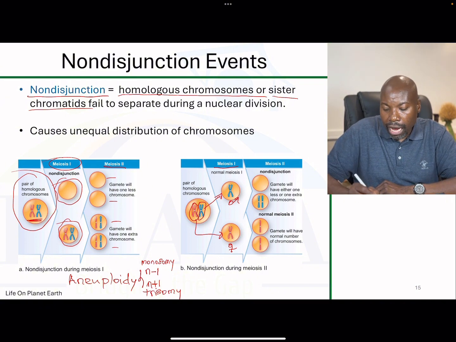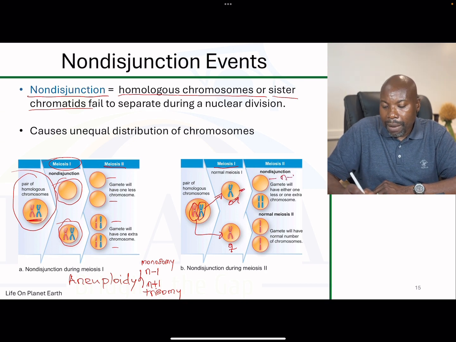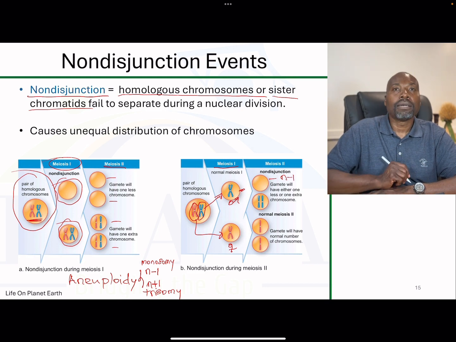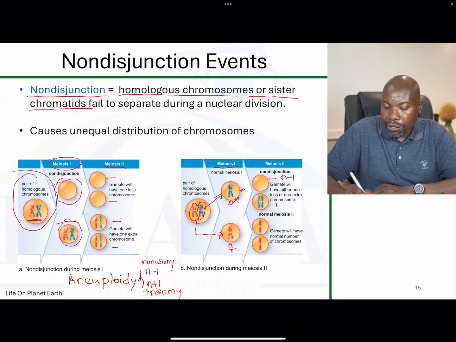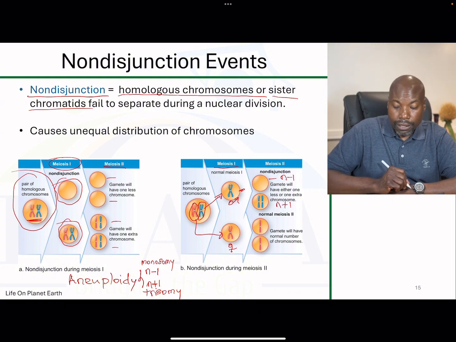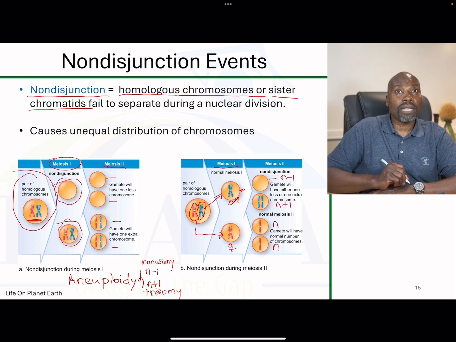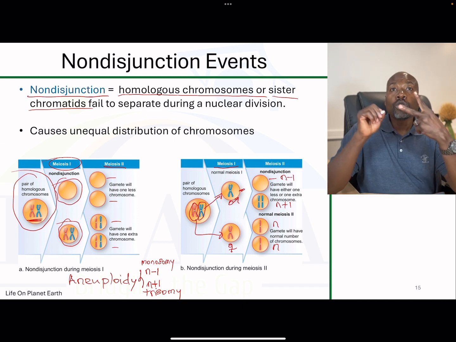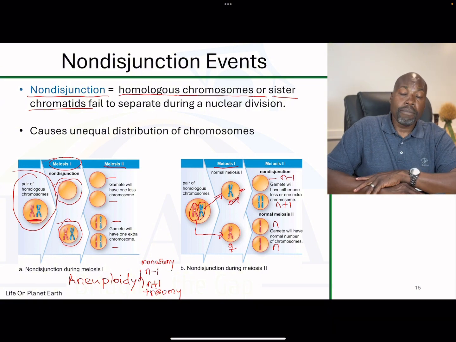Say non-disjunction occurs on this side. This one is going to have n minus 1, that's monosomy. Here we're going to have n plus 1, this is trisomy. And here we're going to have n chromosomes, that's normal, and n chromosomes that's also normal. So 2 gametes are normal while 2 are abnormal.